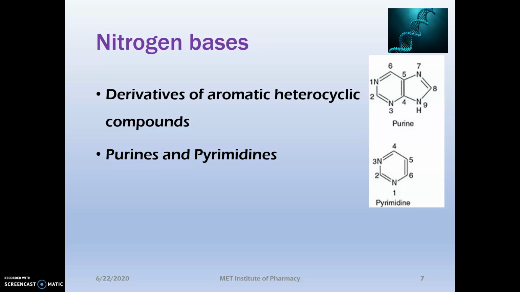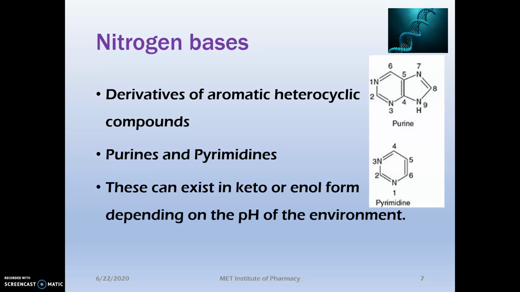And pyrimidine, as we already talked about, is a 6-membered ring containing 2 nitrogens. So these are the 2 types of nitrogenous bases present in nucleic acids. These can exist in keto or enol form depending upon the pH of the environment, although the keto form is more predominant.